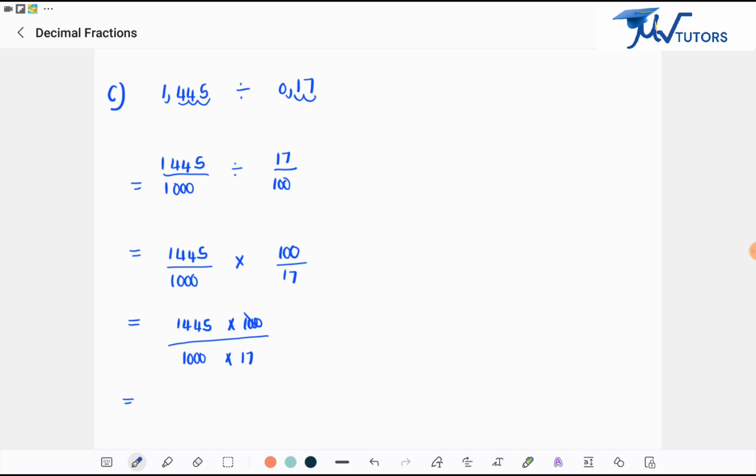Probably can take out, did I write there 1,000? Probably say 100 there, right? So basically 100, and I can take out 100. I'll be left with 10, no? So basically I have 1,445 divided by 170.